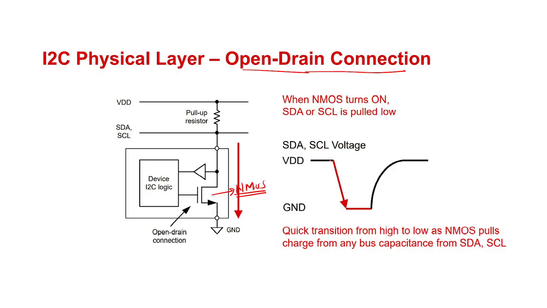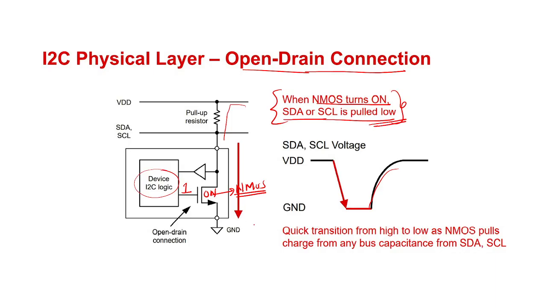Suppose VDD is high, so through the pull-up resistor, when any device or logic is connected, this becomes one and this becomes on. So NMOS turns on when SDA and SCL pull low.